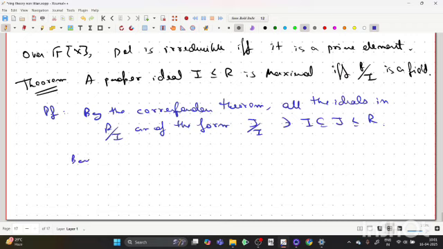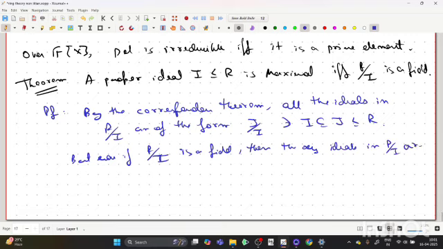But now, if R mod I is a field, then the only ideals in R mod I, by the definition of a field, are which ones? Either it's simply R mod I or it's 0 mod I, which is exactly equal to I itself, right? So what does this mean?